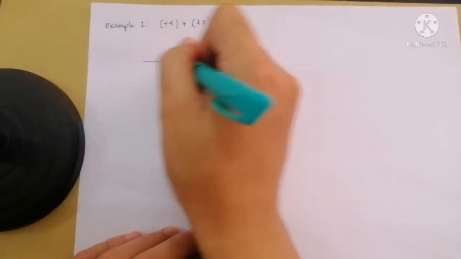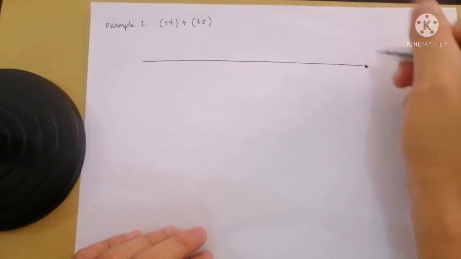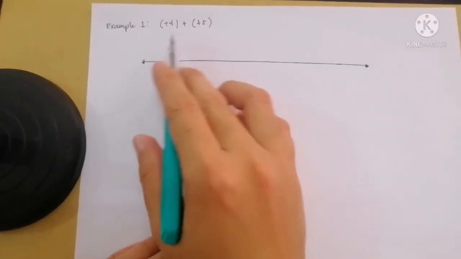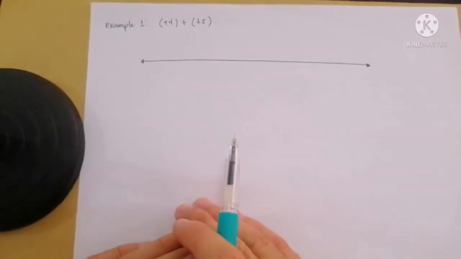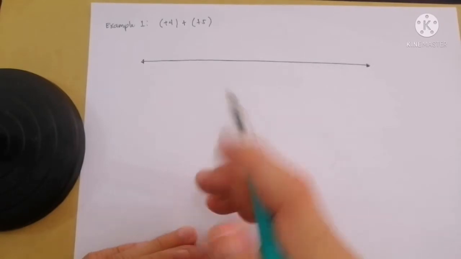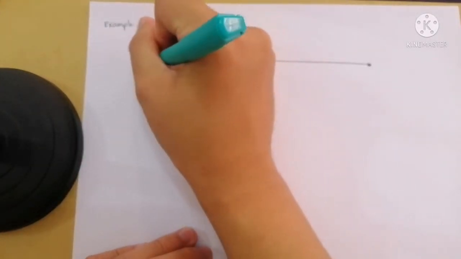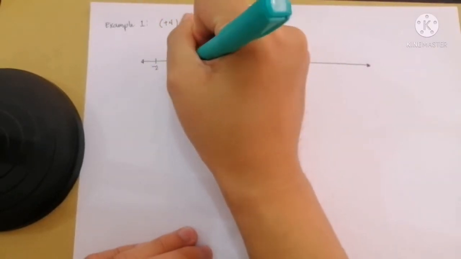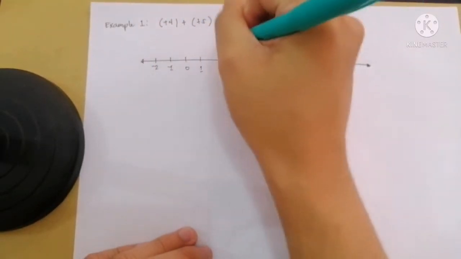If you show that on the number line, since they are all positive, we are going to show more of the positive side of the number line. So let's have negative 2, negative 1, we have 0, 1.